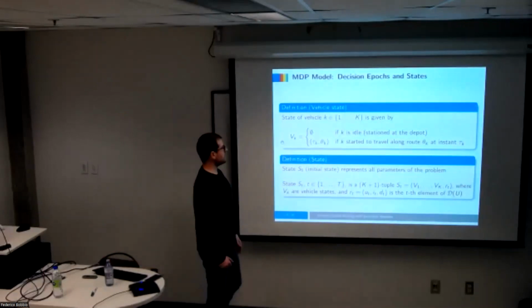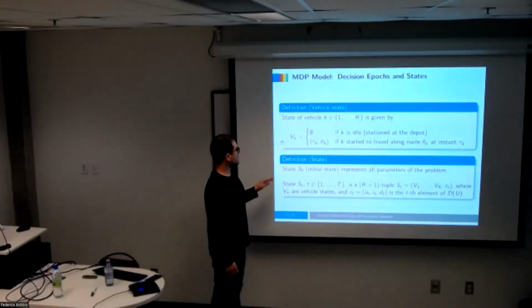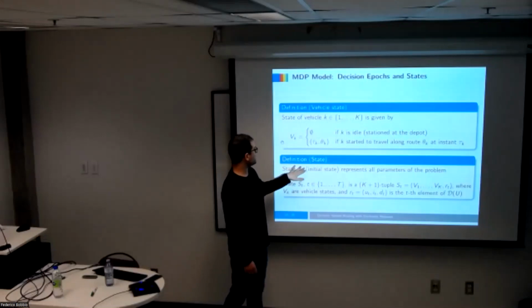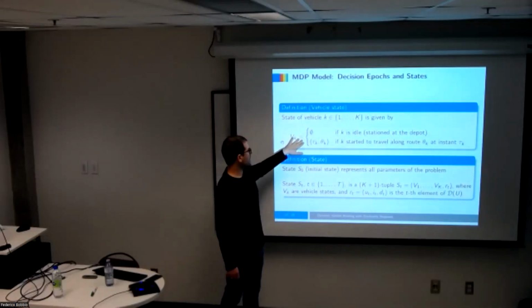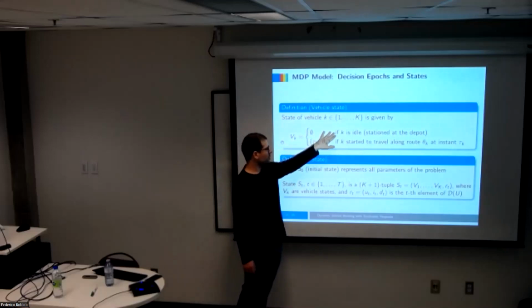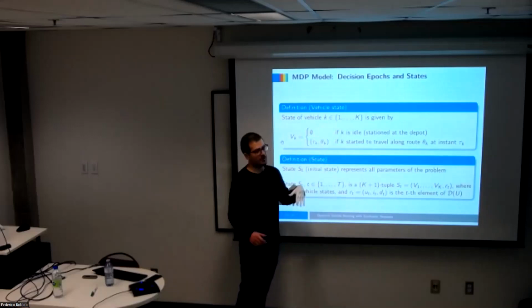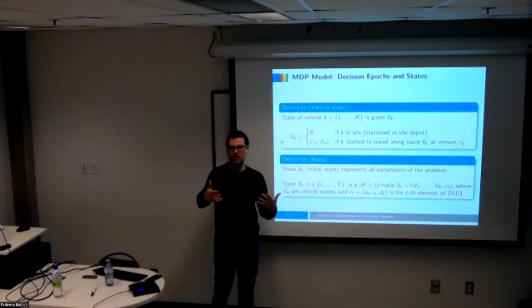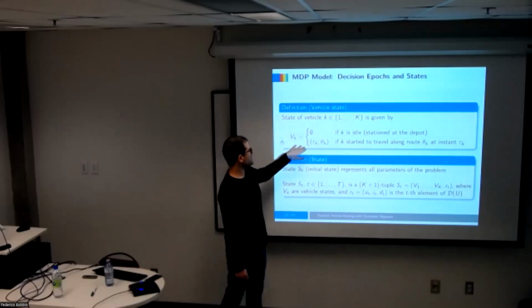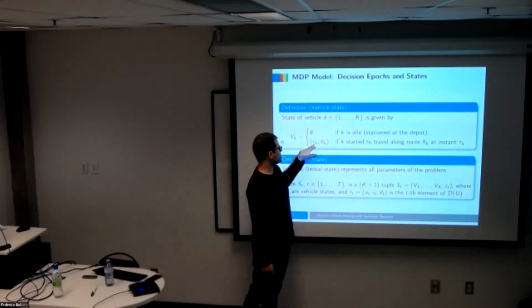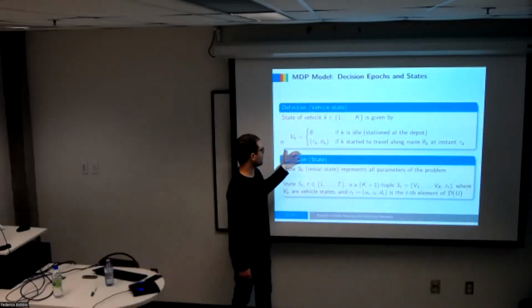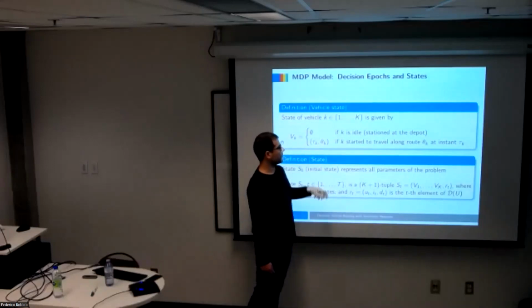We define a state in our dynamic system as, we're going to define it here, but to define the state, we need to define the vehicle state. So basically, the vehicle might be either idle at the depot, and this doesn't really happen too often because unless you have an over-dimensioned fleet size, all the vehicles are going to be traveling. So most of the time, the state of the vehicle is represented by a route, theta k, and tau k, which indicates the moment when vehicle k started to travel route theta k.